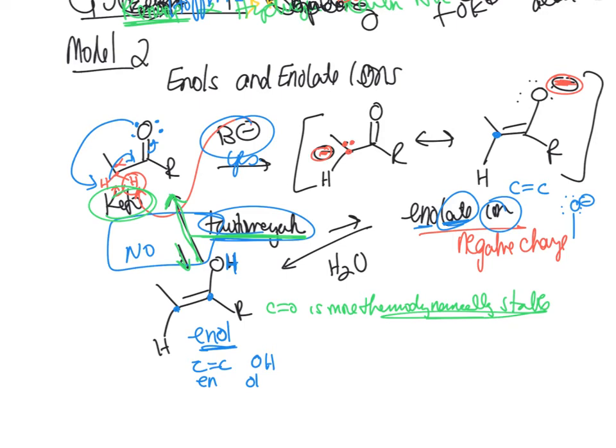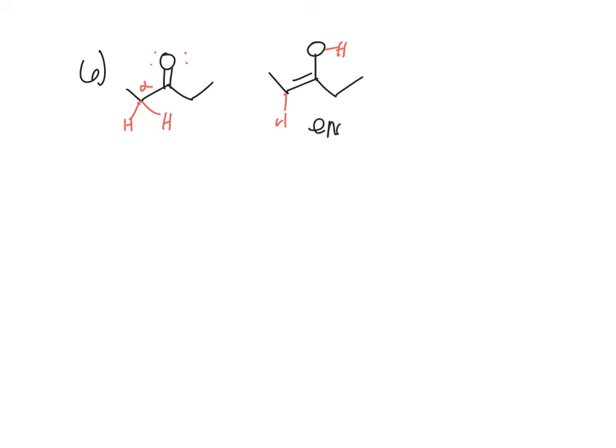Okay, then we're going to work problems 6, 7, and 8, and then we'll call it a day. So 6. Draw the enol form of the following ketone. You can draw in your hydrogen here on the alpha, and this would be your enol, and then you could draw equilibrium arrows.